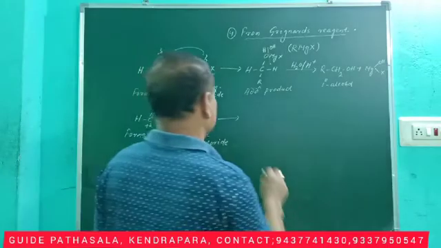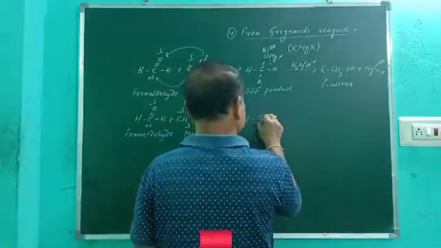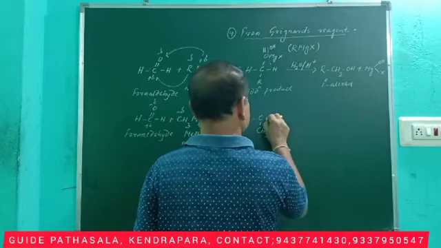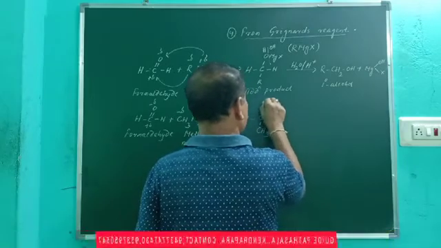Now the addition product is like this: H, C, single bond CH3, single bond H, O, MgCl.